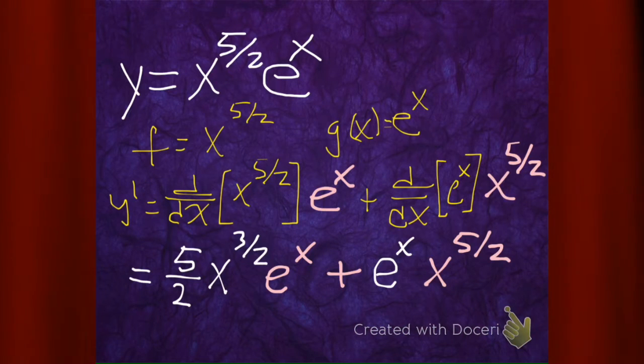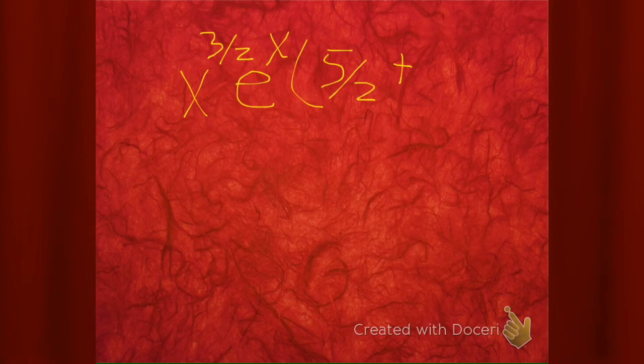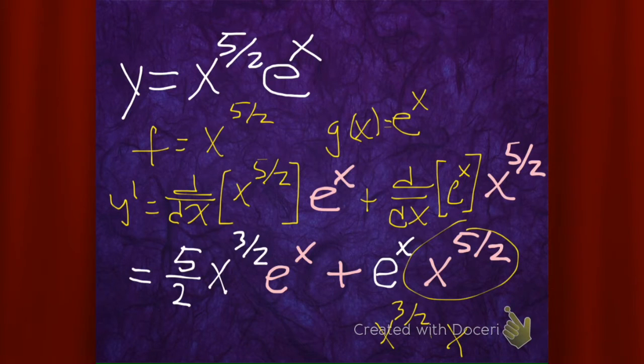So now when we pull out our 3/2, what is this term going to become? We're like x to the 3/2 times x to the what? That's not a 2. Go back. X to the what is going to equal x to the 5/2?